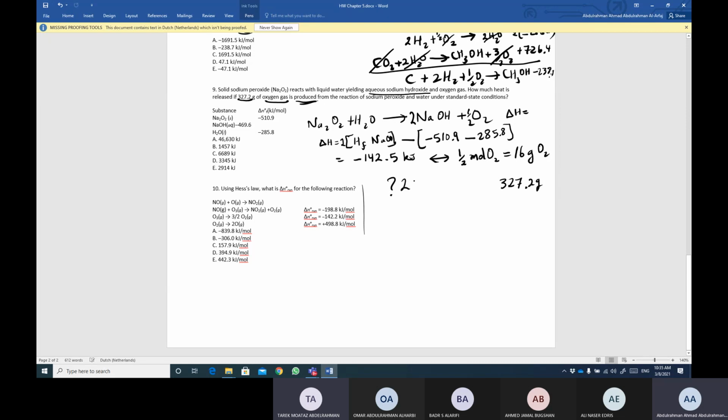It will be negative, but I don't have to put the negative because I already told you it's released.